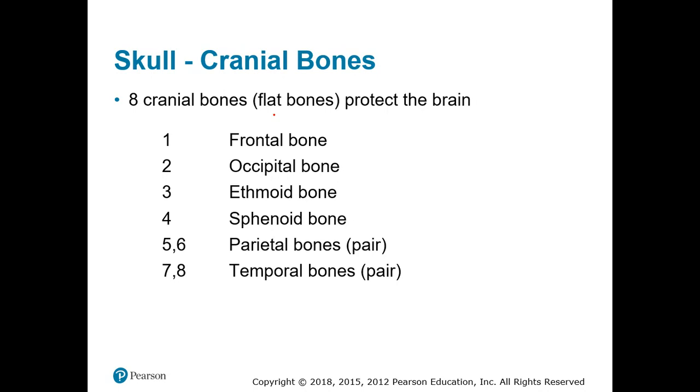Those 8 cranial bones are your frontal bone, occipital bone, ethmoid bone, sphenoid bone, and then there are 2 parietal bones because they form a pair. So bones 5 and 6 are the 2 parietal bones. And bones 7 and 8 are another pair of bones, your temporal bones.